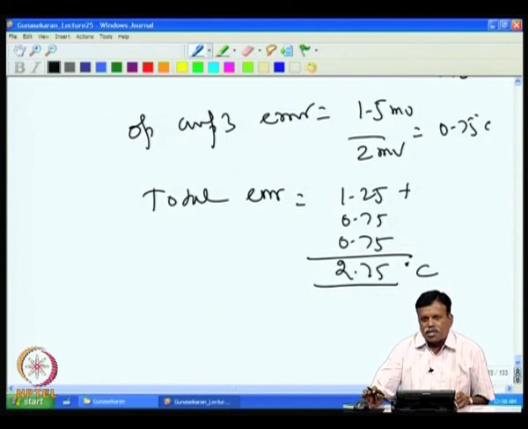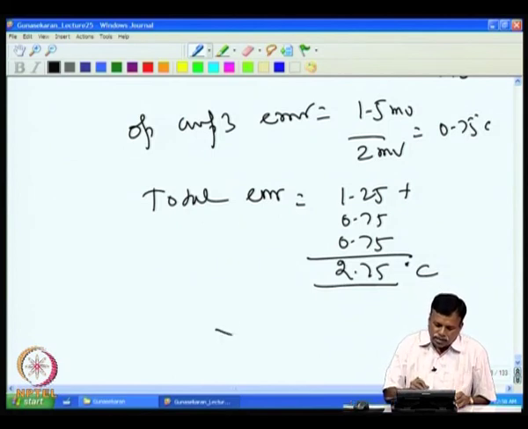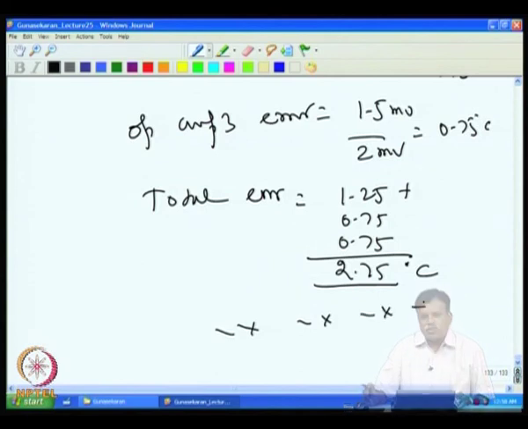This is the most critical thing in analog circuit design, that is error budgeting. Error budgeting is an important issue in analog circuits, and then error compensation is another important issue that we also had shown in our second circuit example. So, with this I will close today's lecture. We will see the other issues in the next class. Thank you.